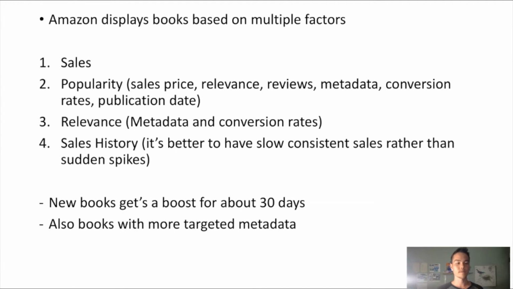People who are searching for ketogenic diet will see your book there, but if they click on it and your book description is terrible, for example, they will read your book description, they get turned off, they click away, they don't buy your book. So that's another factor that will lower your conversion rate.